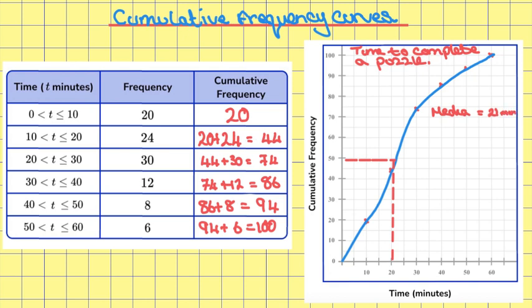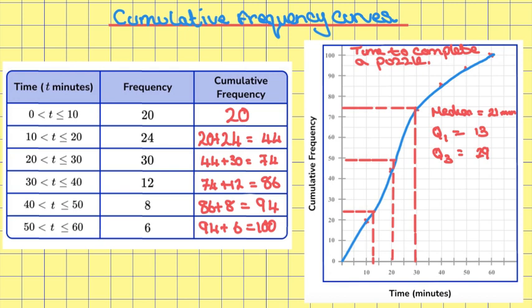We can also use the graph to find the lower quartile and the upper quartile. The upper quartile is at 75% and the lower quartile is at 25%. So I've drawn those two lines in and I get Q1, the lower quartile, equal to 13, and I get the upper quartile, Q3, equal to 29.